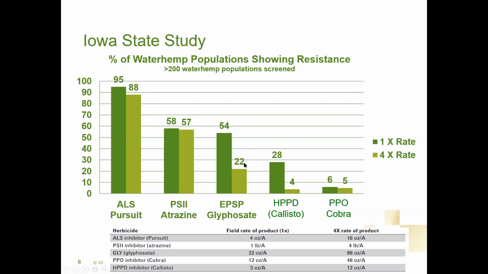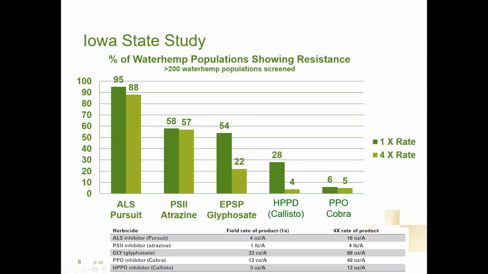The reason why is because even though that resistant weed is producing more of that EPSP enzyme, if we up the rate of glyphosate, we still get control of even some of those resistant weeds. Again, I don't know if I'd call them resistance, but more tolerance in this case.